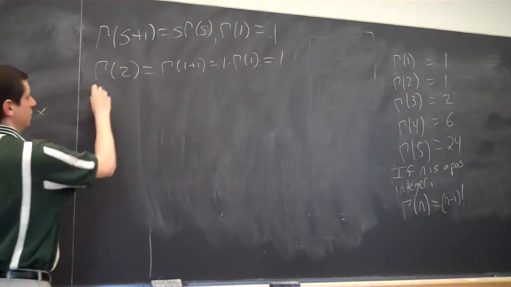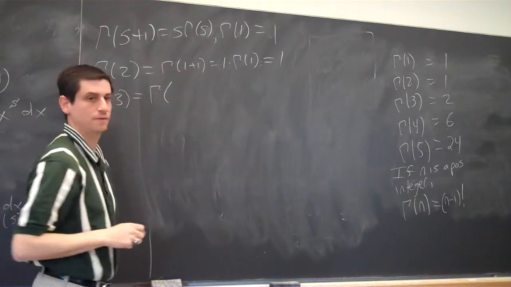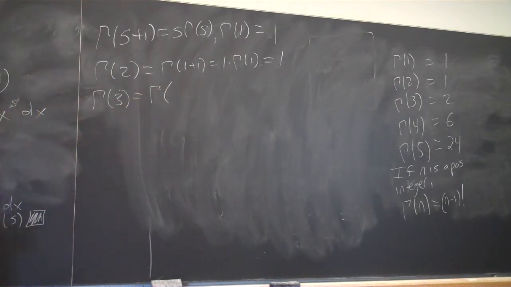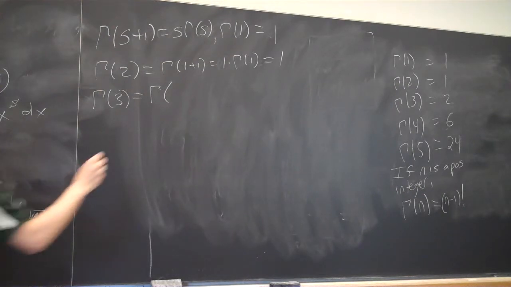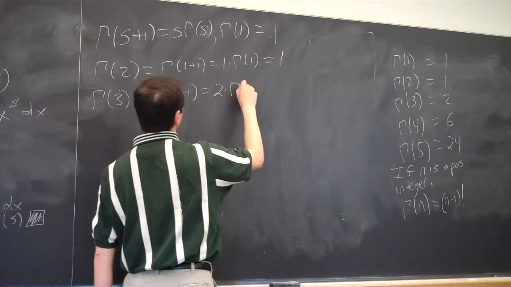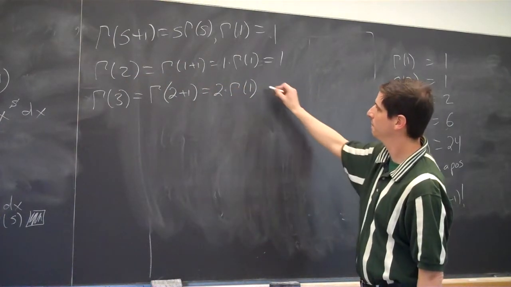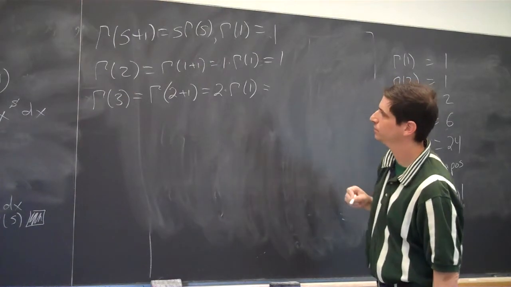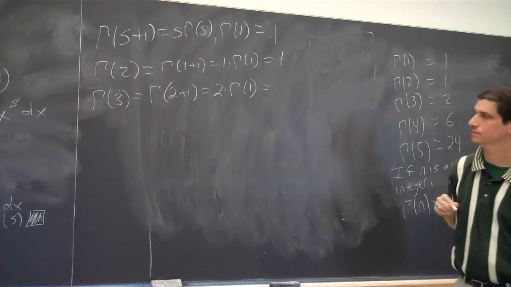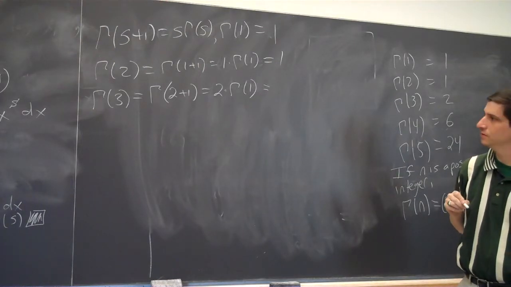What about gamma of 3? We can write that as gamma of 2 plus 1, which is 2 times gamma of 2. Which is 2.